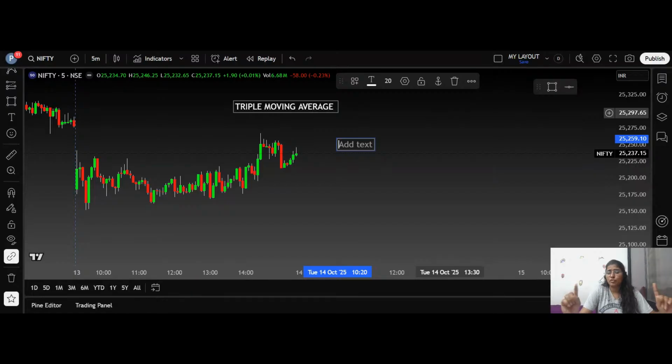All the SMAs of short term, medium term, and long term must be distributed among the periods, as we saw that short term is of 10, 20, 50 periods, and so on. So here the short term is at most 5 or 10 periods.